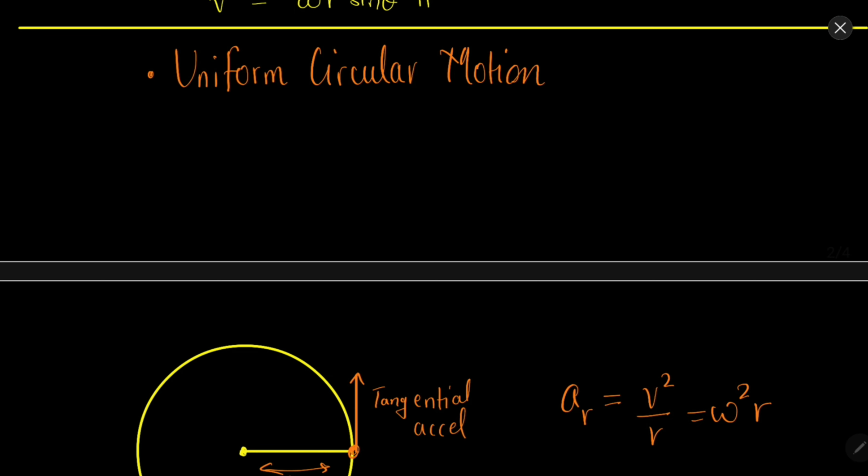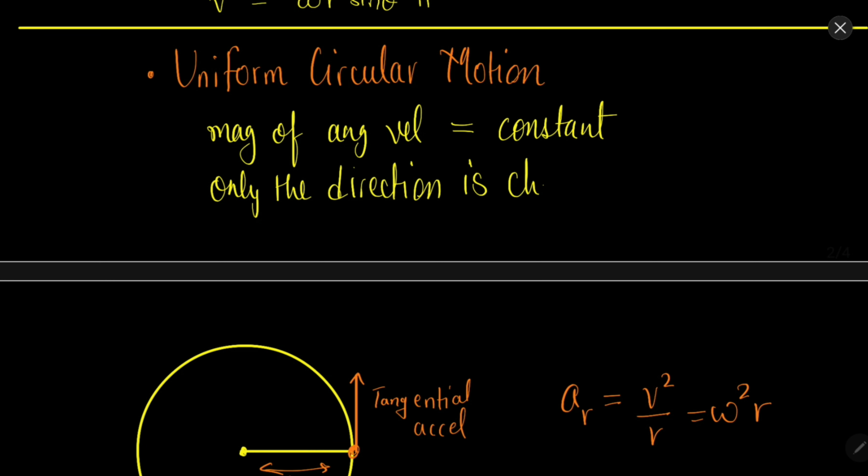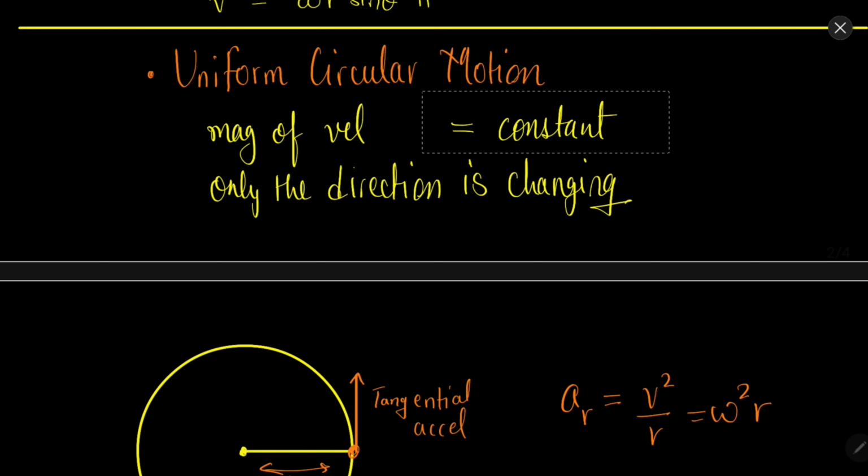Uniform circular motion is the motion in which the magnitude of the velocity is not changing and only the direction is changing. Magnitude of angular velocity is constant, only the direction is changing. Or to be more precise, the magnitude of the velocity is constant, and the direction is obviously changing.